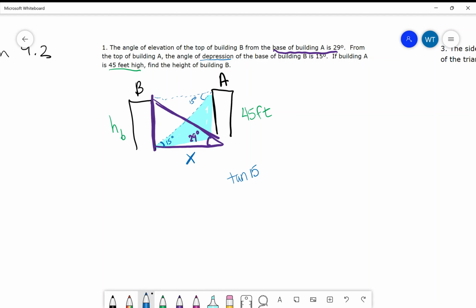And with knowing that, we know it's opposite over adjacent equals 45 over x. So what we have, x equals 45 over tan 15.